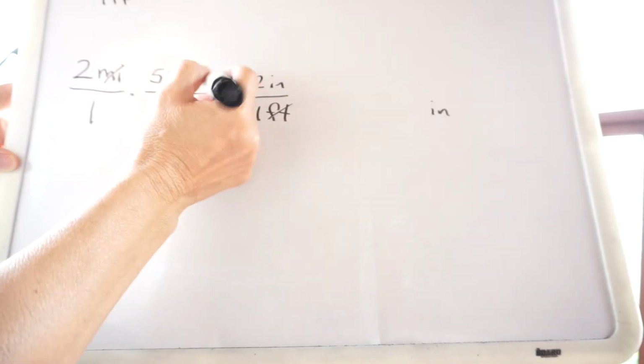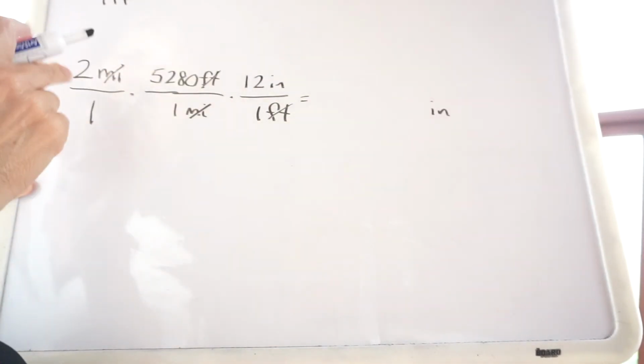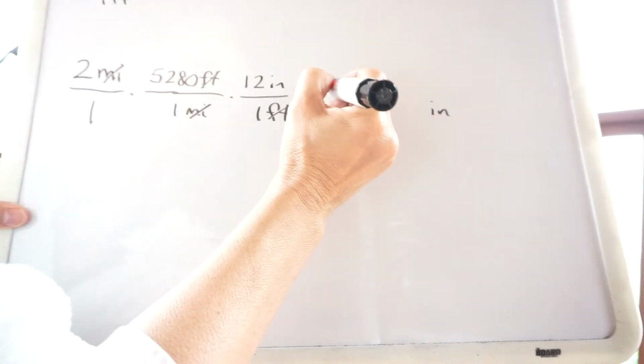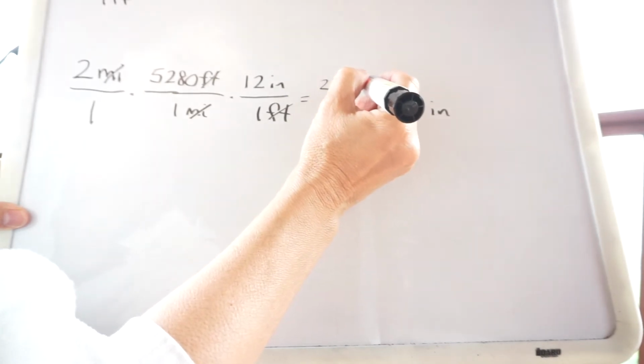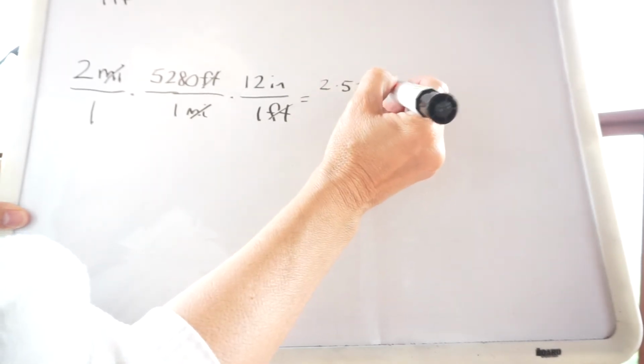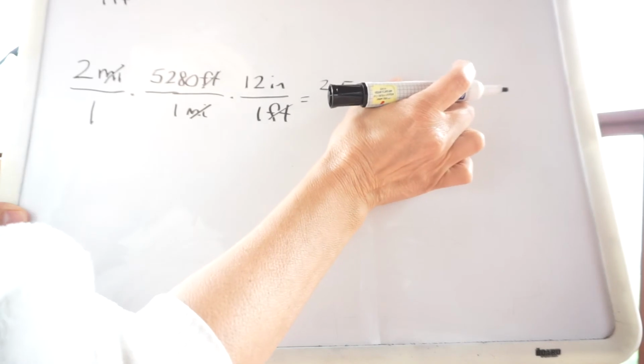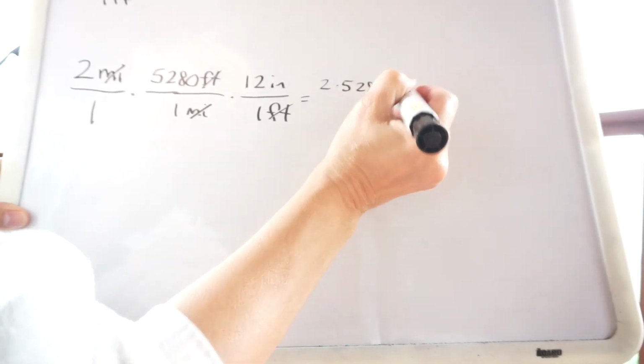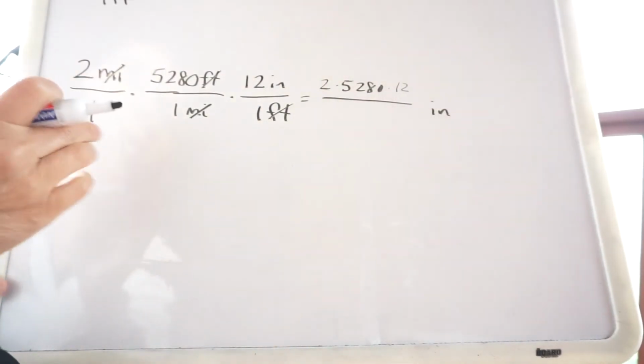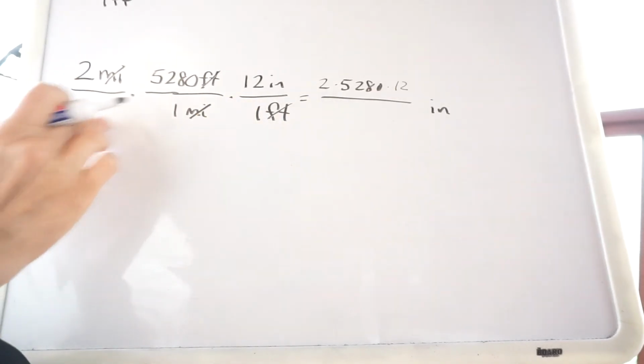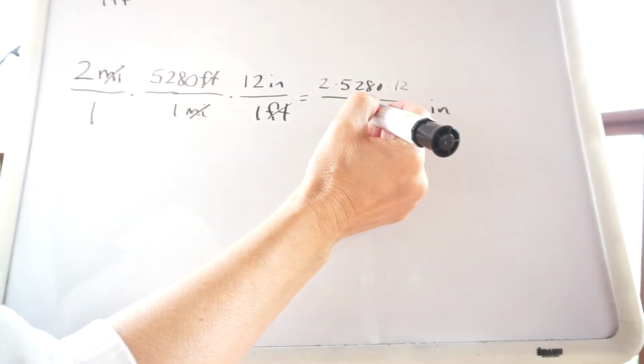Now my feet cancel. So the number of inches is going to be 2 times 5,280 times 12. And again, in this case, I have ones in the denominator. 1 times 1 times 1 is just 1.